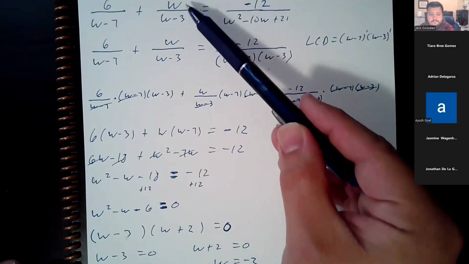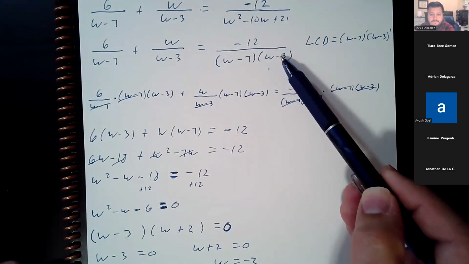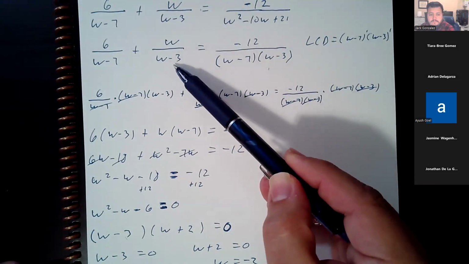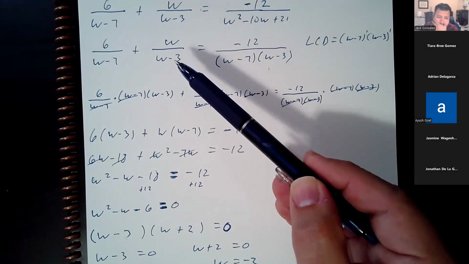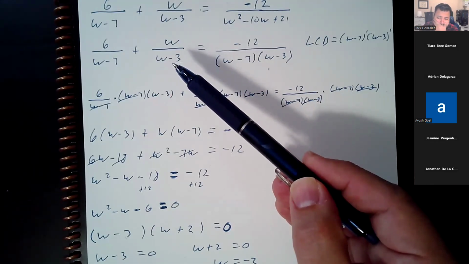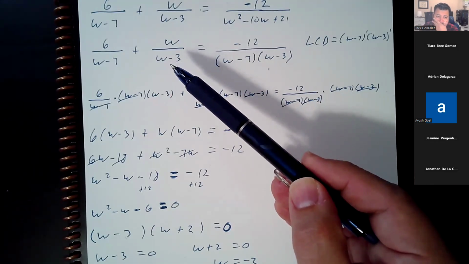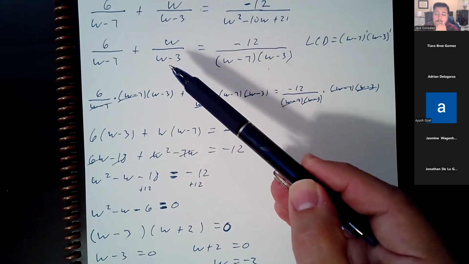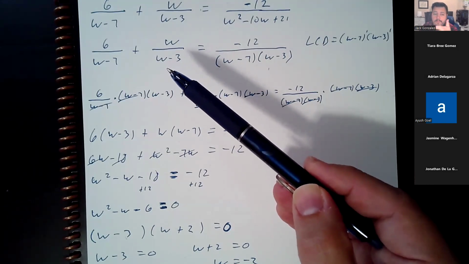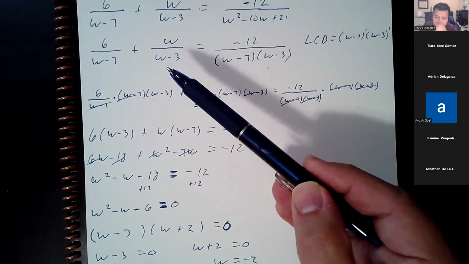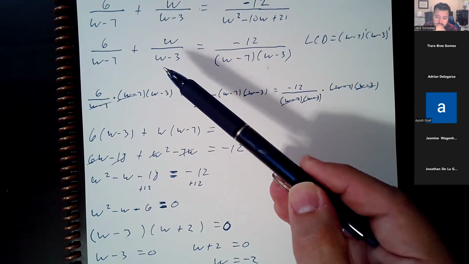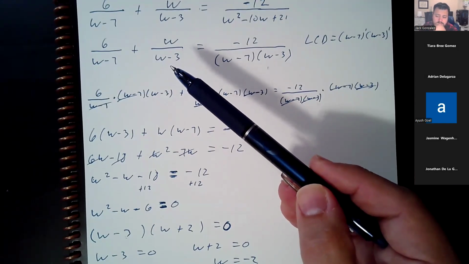Right, the original? Yeah, we would get division by 0.